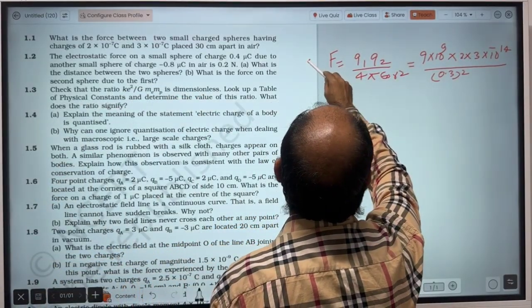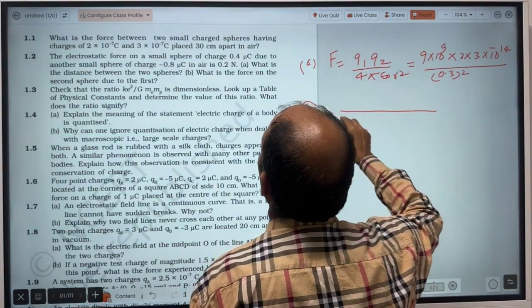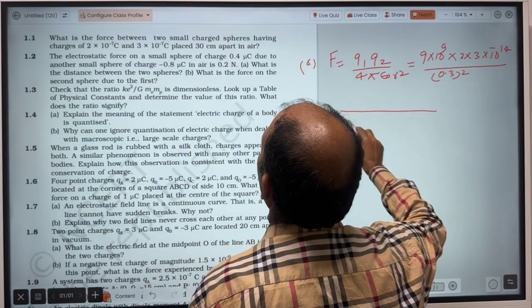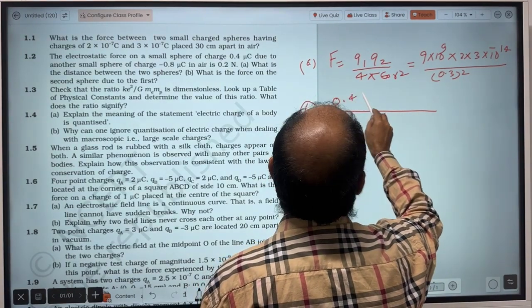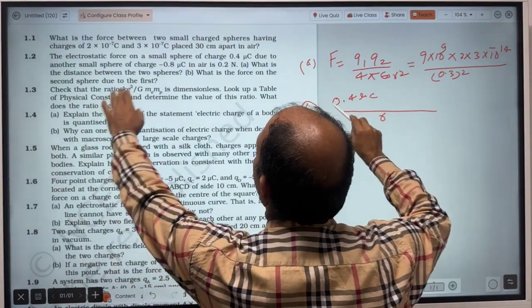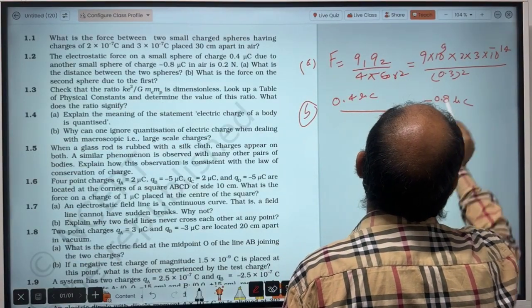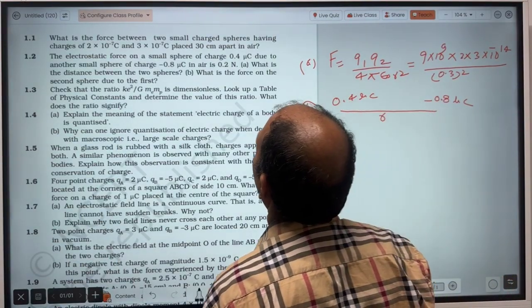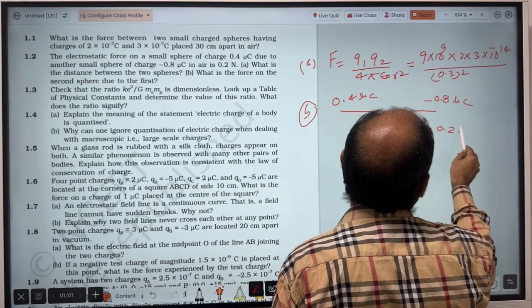So here again you are given two charges, and the separation is to be found, so it is r. One is 0.4 microcoulomb, another charge is minus 0.8 microcoulomb, and the force is given as 0.2 Newton.